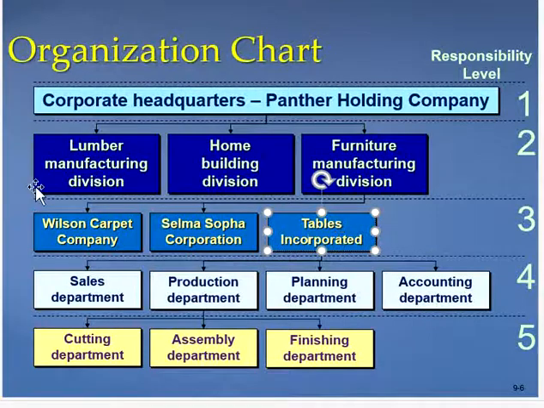So you can see this is the third level. This is the first parent organization, this is the second level, and this is the third level, right? So tables, which is part of a furniture business, are responsible for both revenue and cost. So the manager of a profit center, let's say tables incorporated, will be judged on his ability to produce revenue in excess of cost, right?